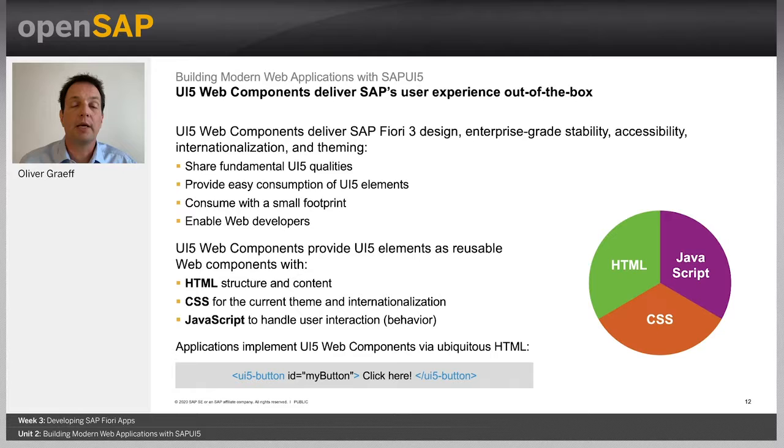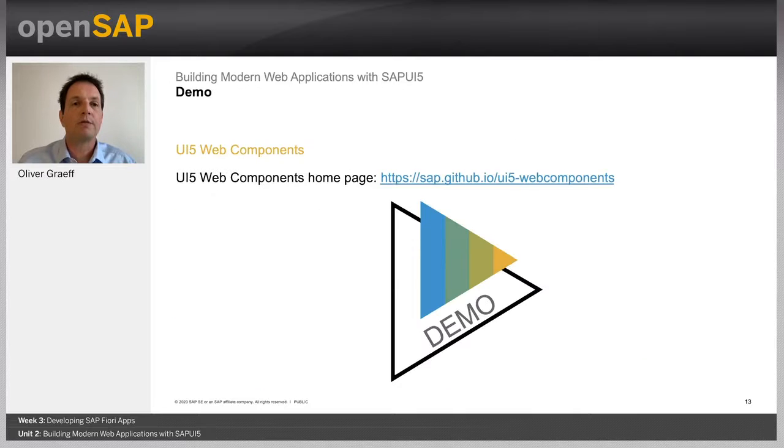And it's just plain HTML coding. So there's no SAP stack, no SAP Cloud Platform, no NetWeaver stack involved. It's just plain HTML. And in a second, we'll see why this is important. First, let's have a look at UI5 web components.